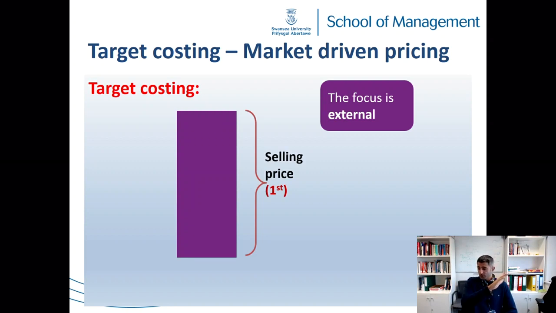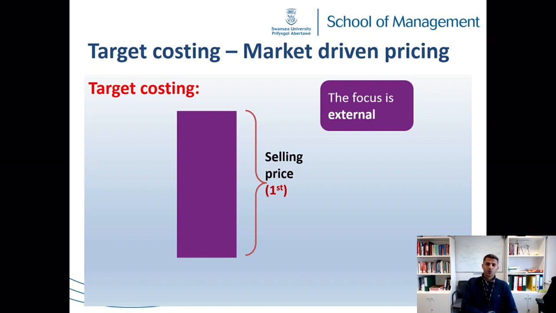Can you imagine? Before you calculate any cost, you start with the selling price. Of course, you need to look at the market and see what the selling price would be, and as a business, you want to put a lower price in order to attract customers. So the focus is external.